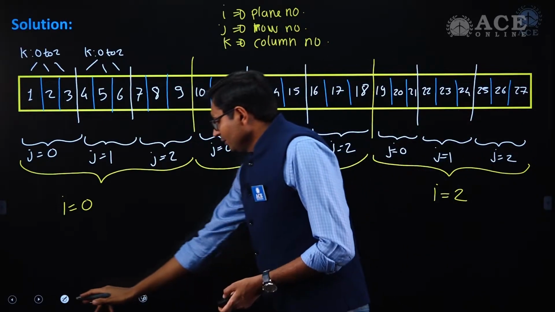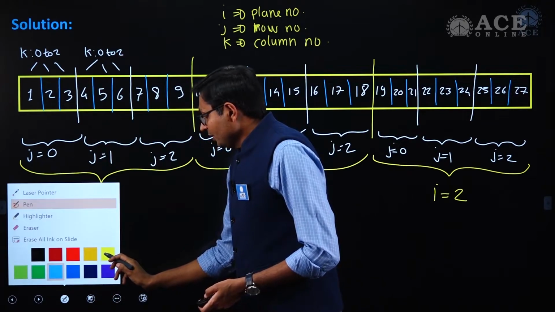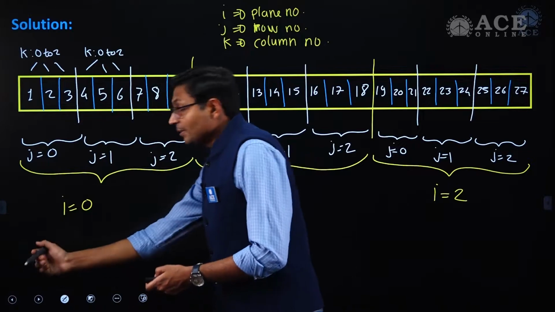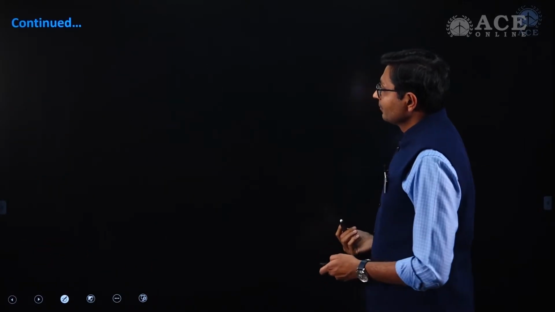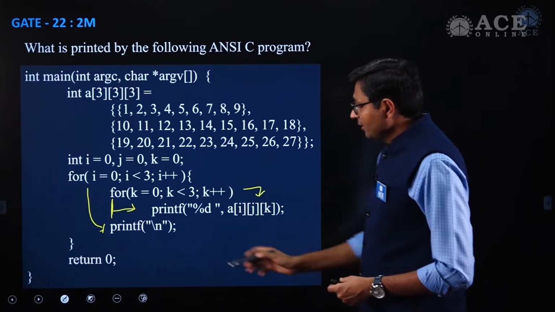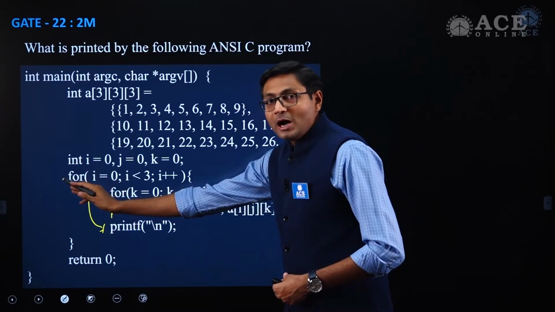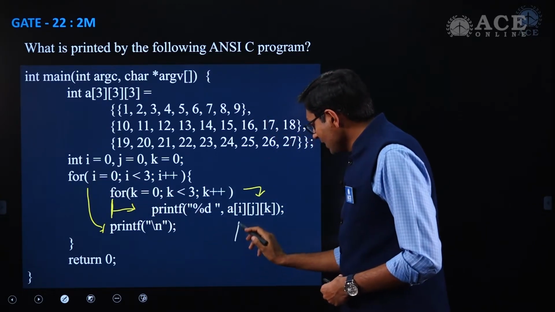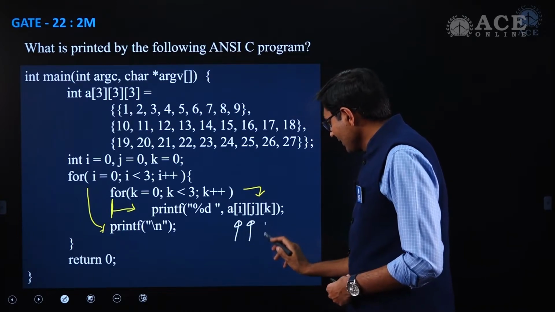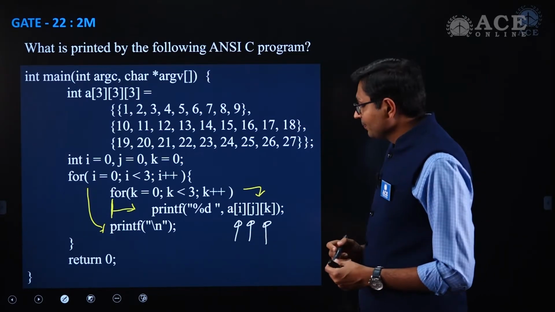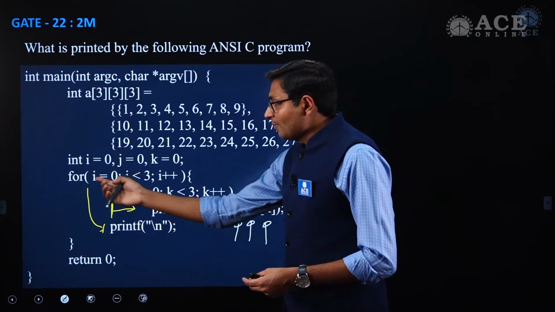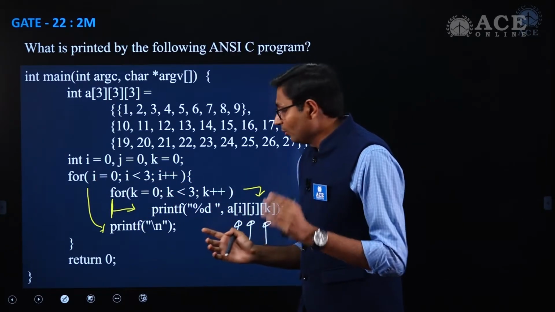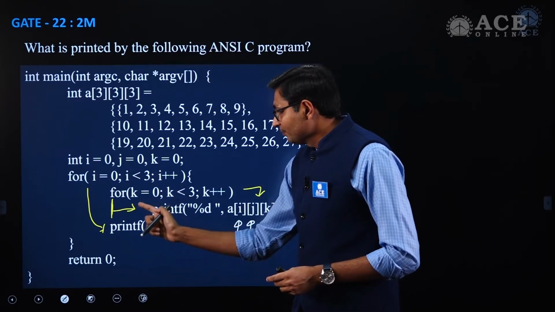Alright, let's now check what the printf statement is. The outer for loop has I, j and k, right? So we are looping through all the planes. So from all the planes we will go.